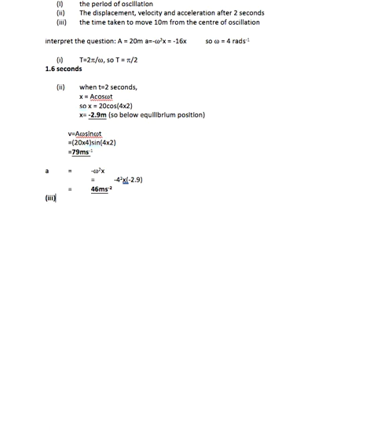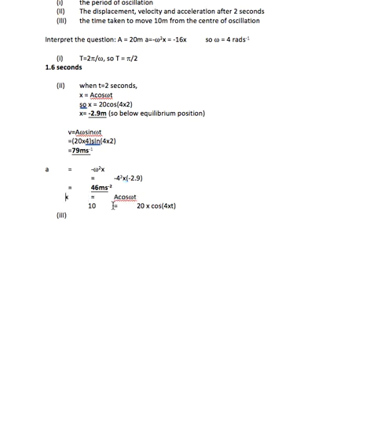And then finally, the time taken to move 10 meters from the center of oscillation. Well, as we said before, x equals A cos omega t. So x is 10. The amplitude is 20, times cos 4 times t, it's t we're after. So cos of 4t would be a half.